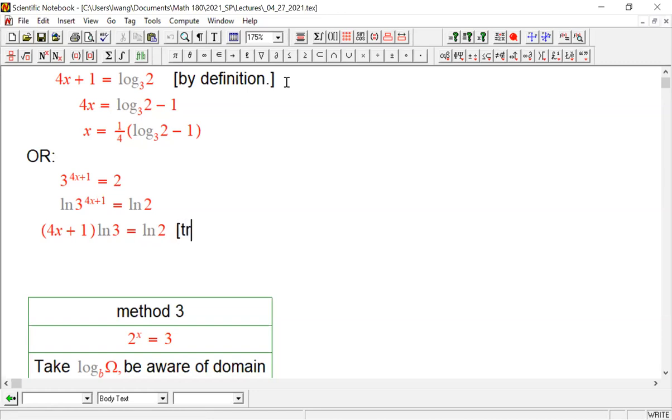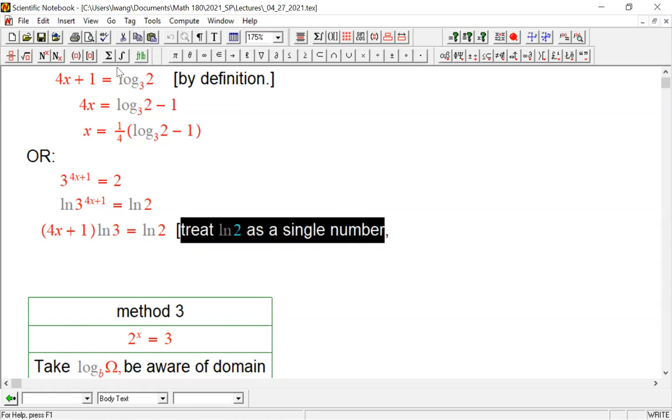This is something you may not be quite used to. Treat ln 2 as a single number, and likewise, treat ln 3 as a single number as well.